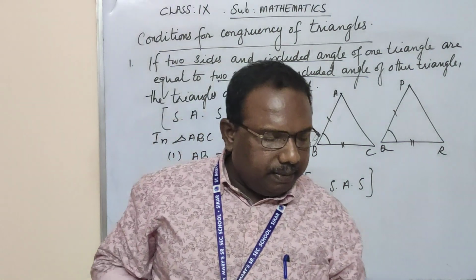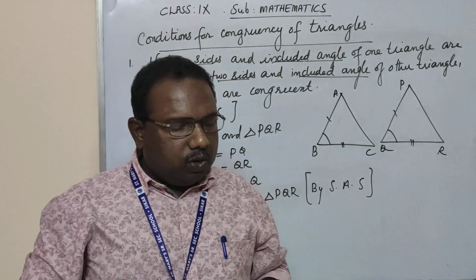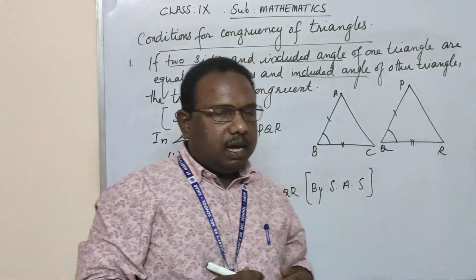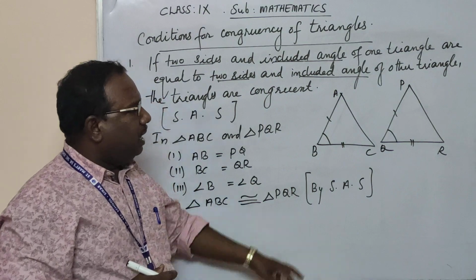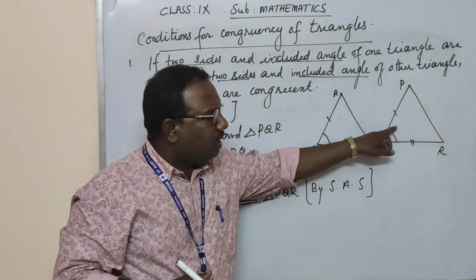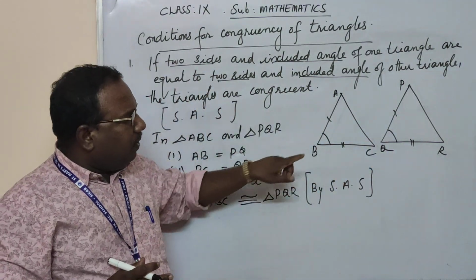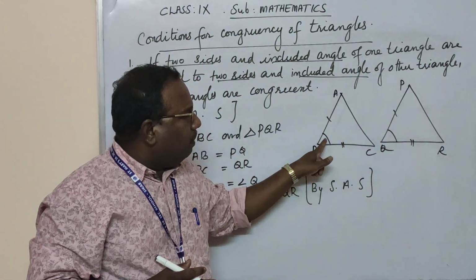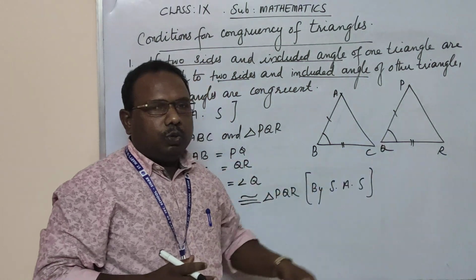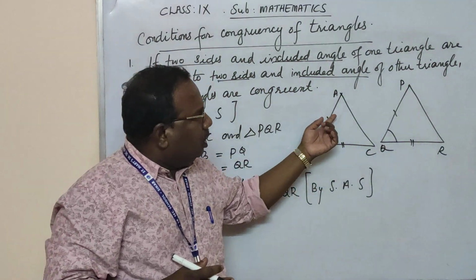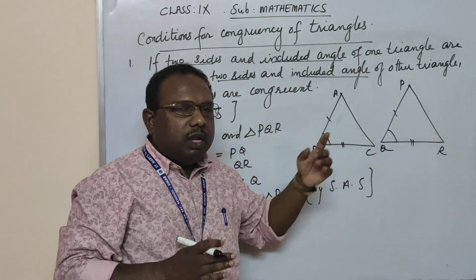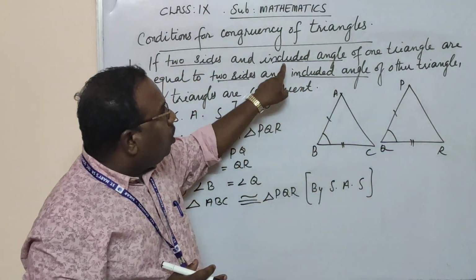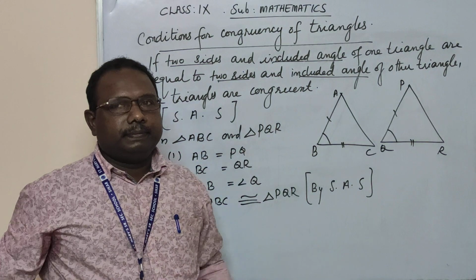So we can say triangles are congruent only when equal angles are included angles. These two triangles are congruent only when these two angles are equal. Angle B is equal to angle Q. So these two triangles are congruent only when equal angles are included angles.